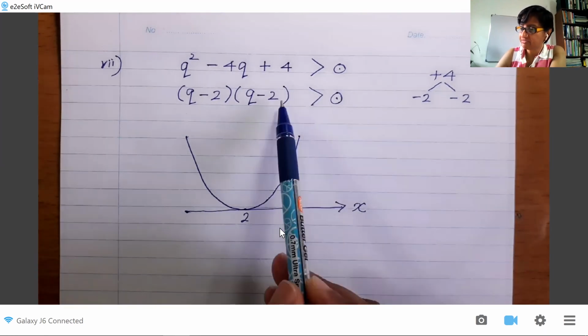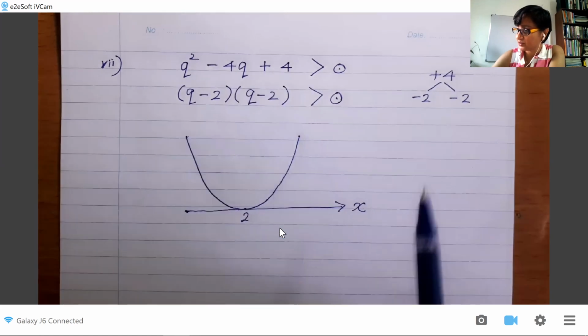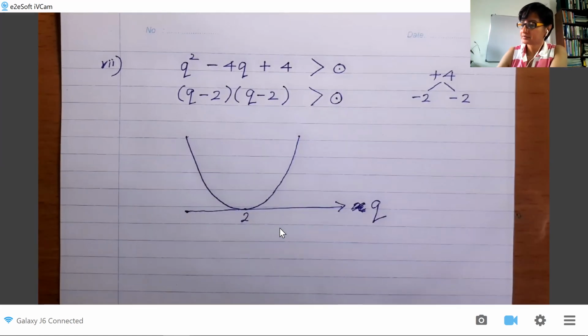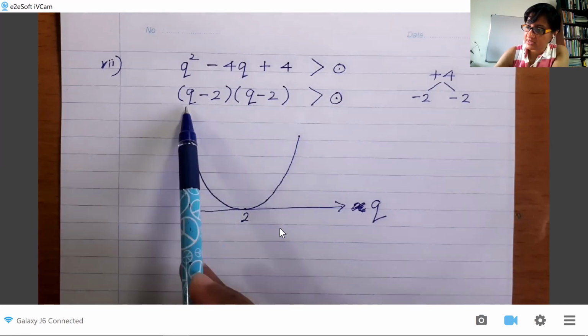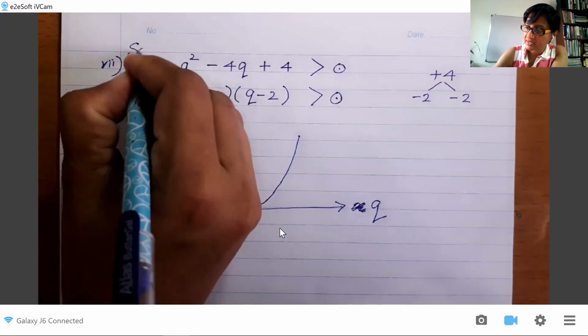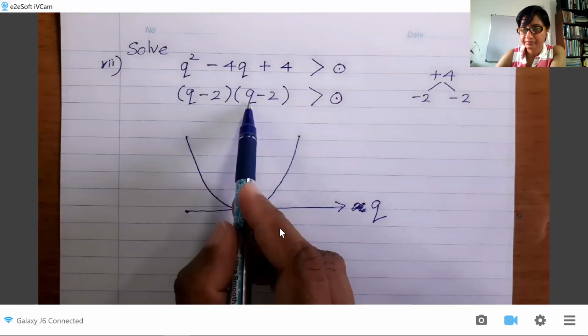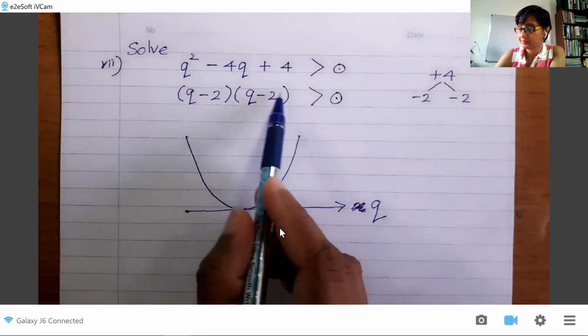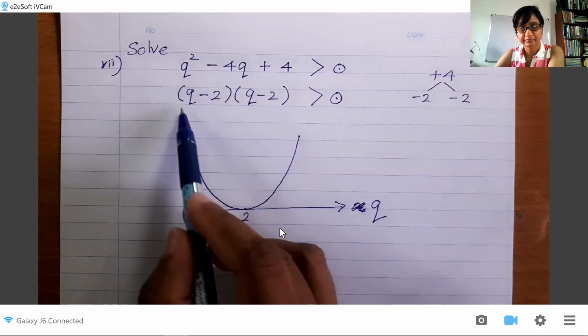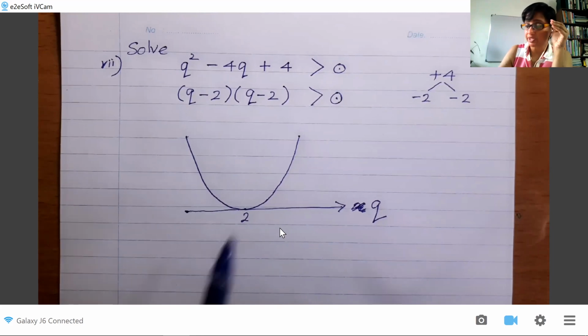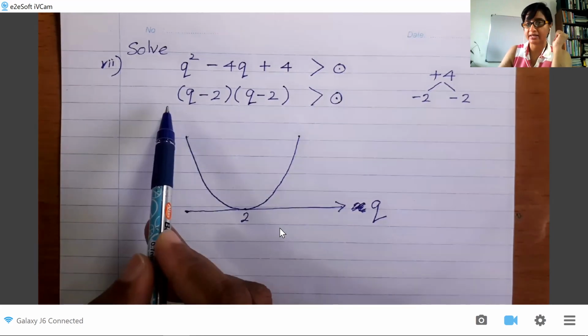For what value of q, oh, this is not x, this is q, q-axis. So this is to solve, right? That means for what values of q is this expression greater than 0? Let me repeat that. For what values of q is this expression greater than 0?